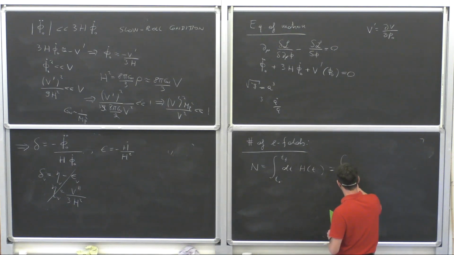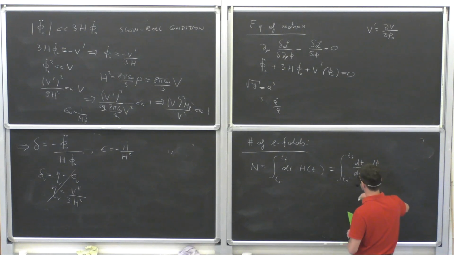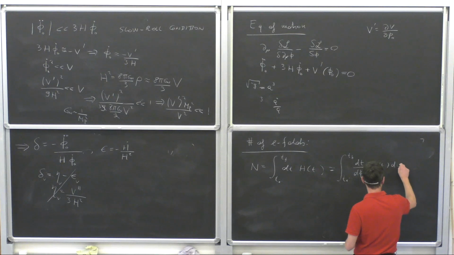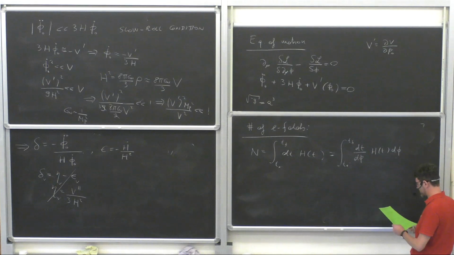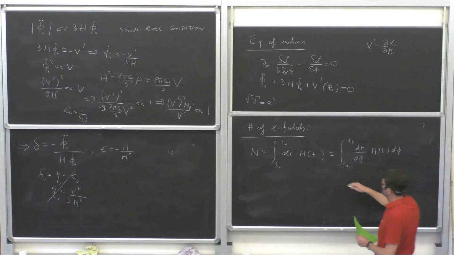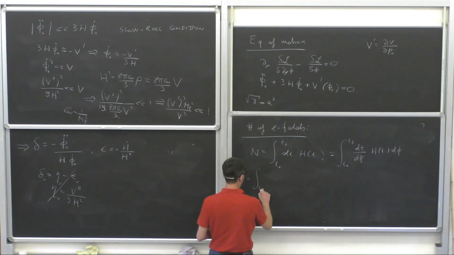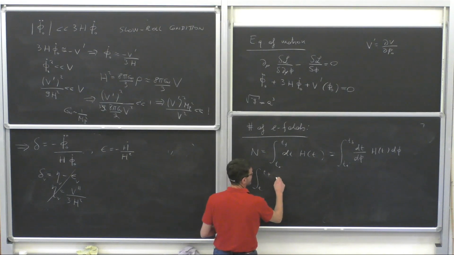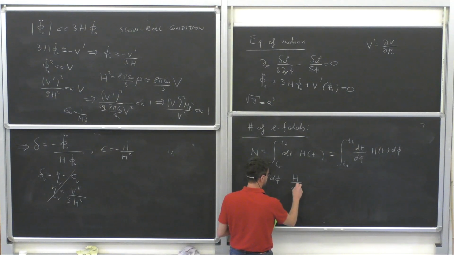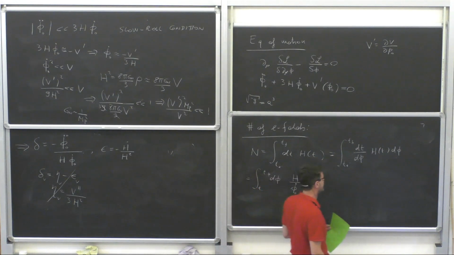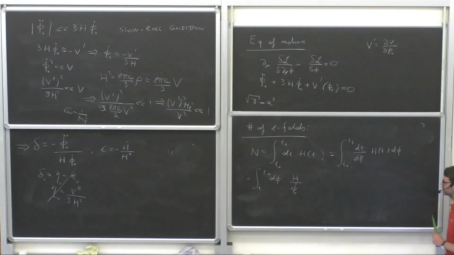I integrate from t_i to t_f, and here, instead of dt, I divide and multiply by d phi, so I have H of t times d phi, and of course t will be a function of phi. So I can rewrite this as the integral with d phi, and then H over phi dot 0, just to remind myself that it is the background value.